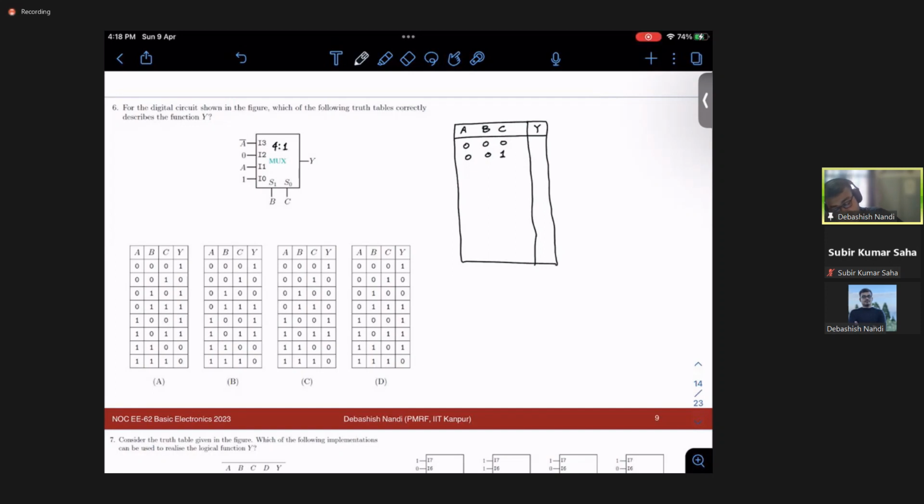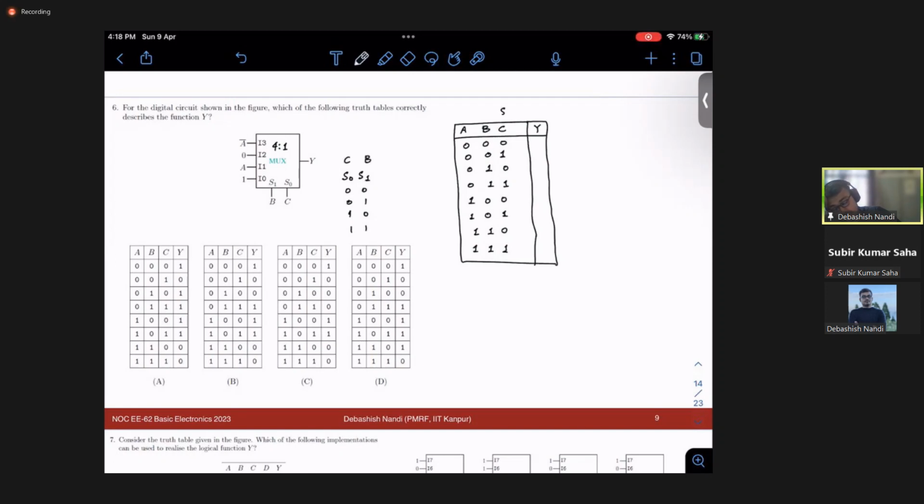Okay, then you have 0 1 0, 0 1 1, 1 0 0, 1 0 1, 1 1 0, 1 1 1. Okay, so you see, when your S0 and S1 is 0 0, 0 1, 1 0, 1 1. S0 is C, S1 is B, right?